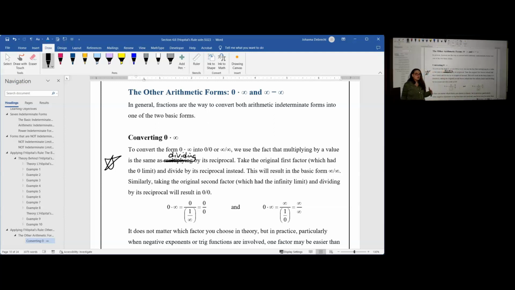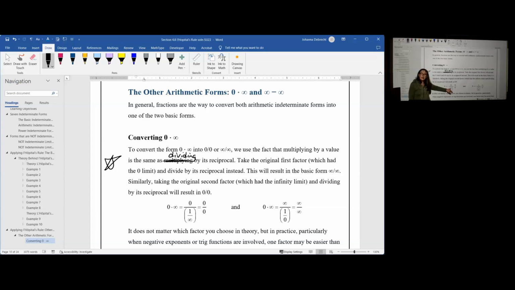I can also choose to move the second factor by dividing by its reciprocal. For example, if I had the form 0 times infinity, I could leave the 0 in the numerator and divide by 1 divided by infinity, the reciprocal of infinity.